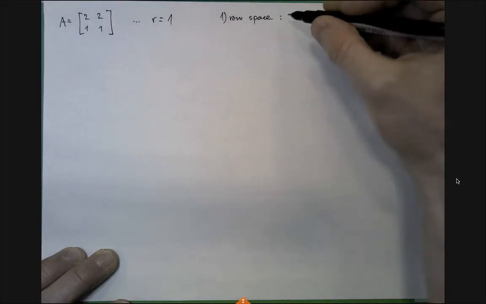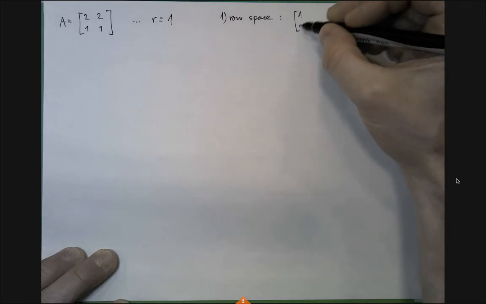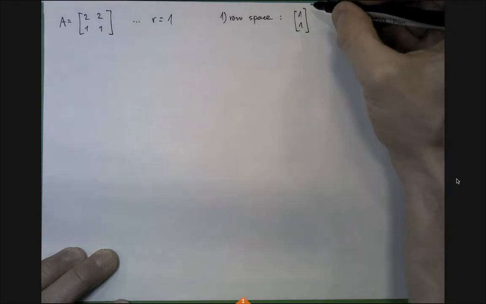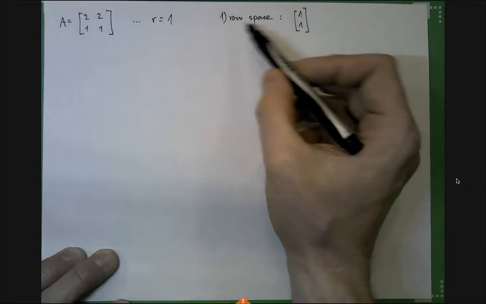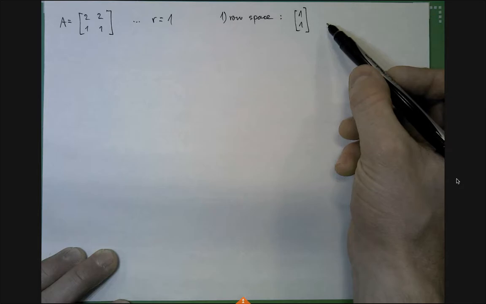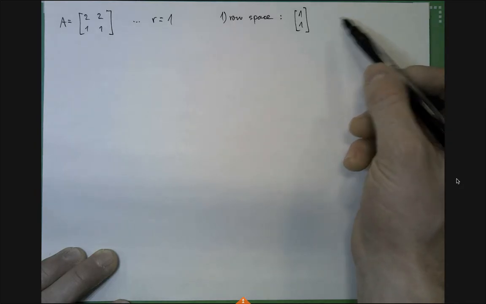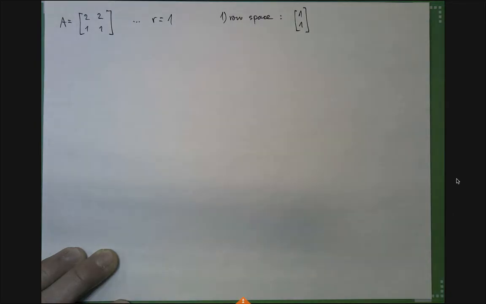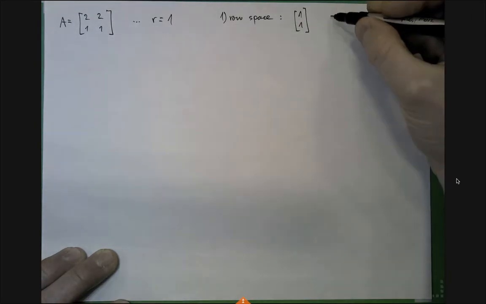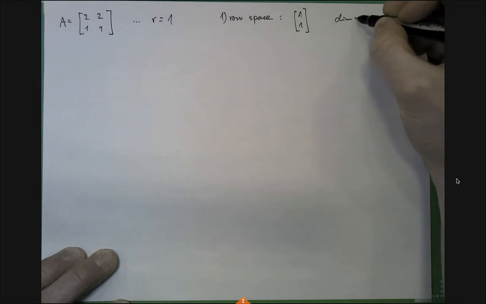Yeah, I'll make it even simpler. I will just make it 1, 1. You might want to transpose it so it's like a row space, but that's just a cosmetic thing. So the dimension of the row space, of course, is 1, right? If somebody has some issues with that, then please ask. I think this is something you should already know.